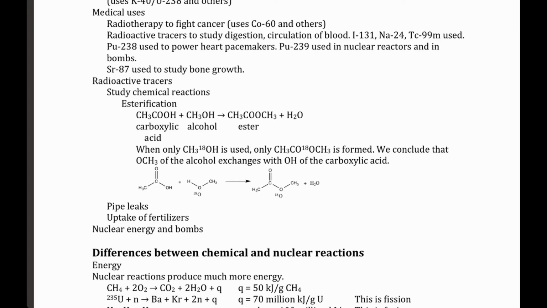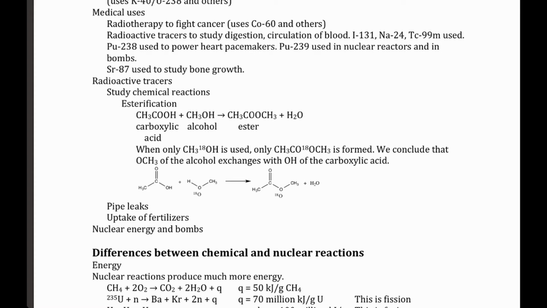So in that reaction, we have a carboxylic acid, actually that's acetic acid. All carboxylic acids have C double bond O, OH in them. When it's reacted with an alcohol, it produces an ester and water.